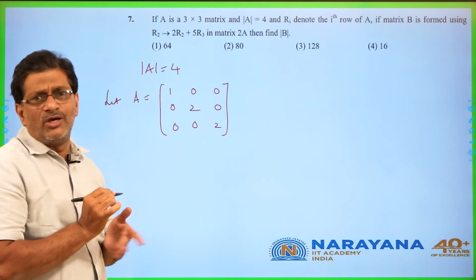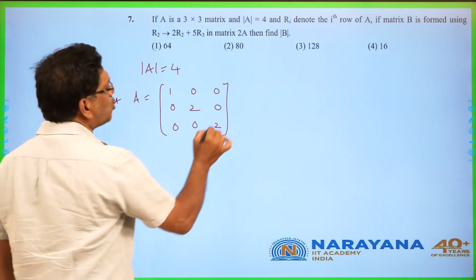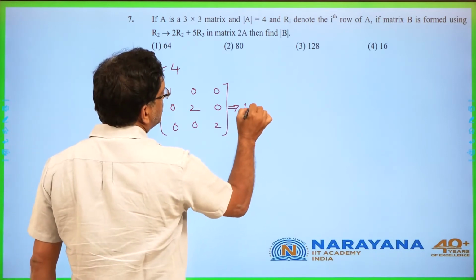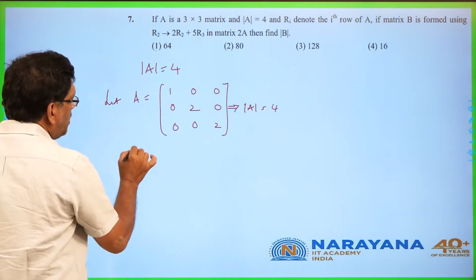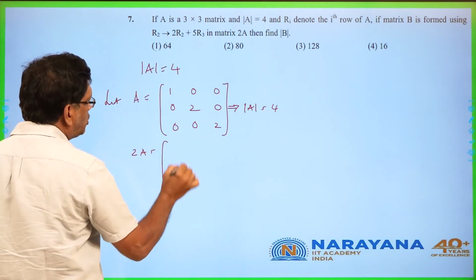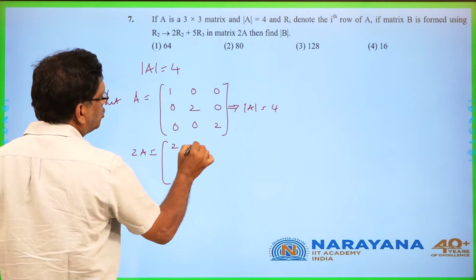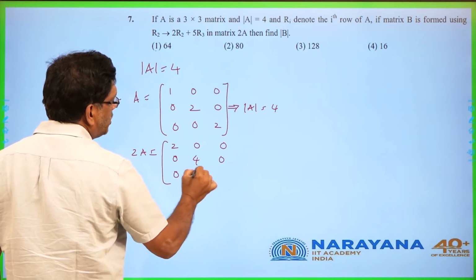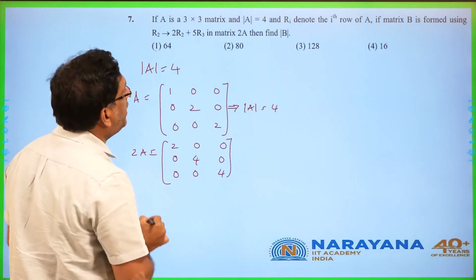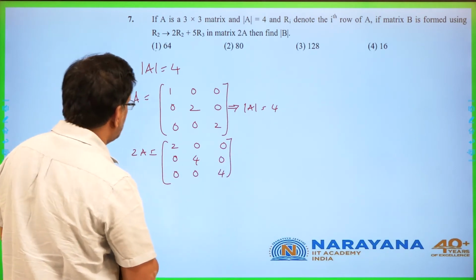Without this also you can do it, because A is so and so implies determinant of A equals 4. Right? He is asking you to write 2A, 2 0 0, 0 4 0, 0 0 4. Then find determinant of B.